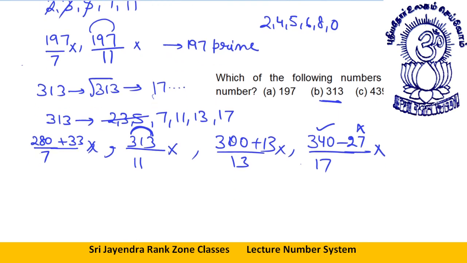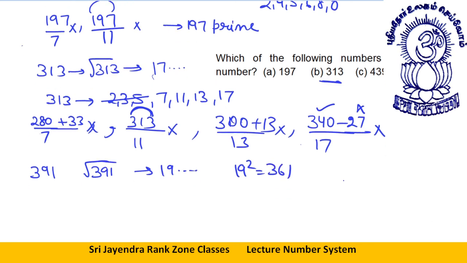Let's take the other, the greater number, 391. Let's try 391. First of all, what is under root 391? That will be 19 point something. Why? Because 19 square is equal to 361. 20 square is equal to 400. So this number 391 lies in between 19 and 20.